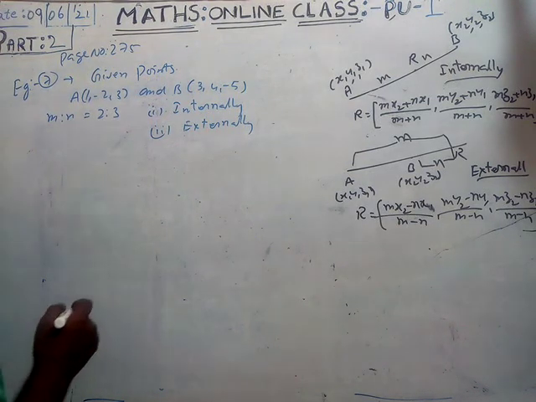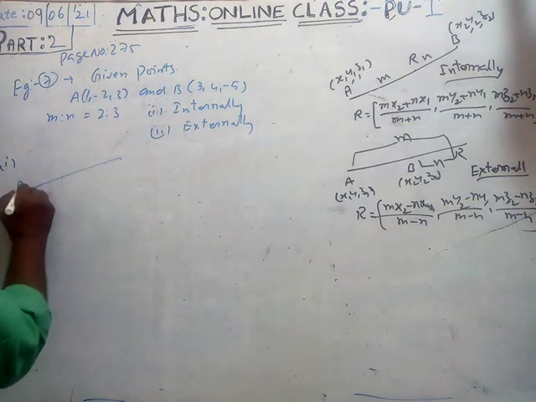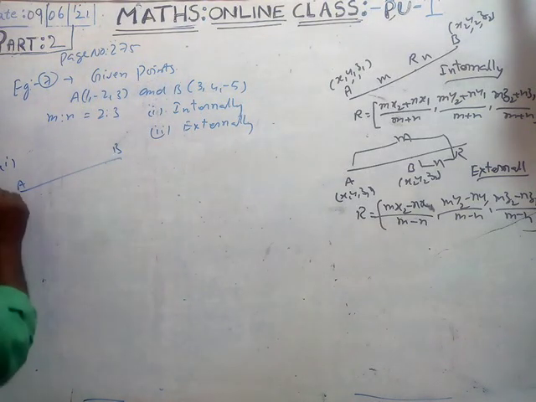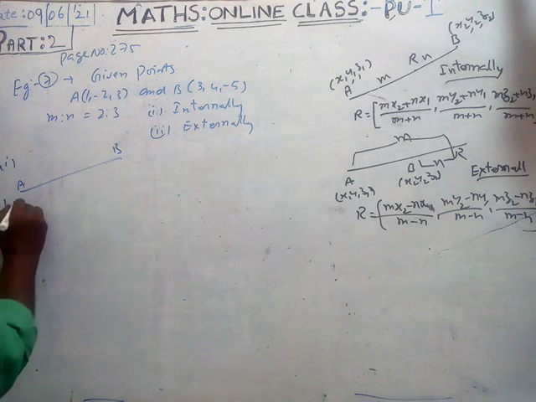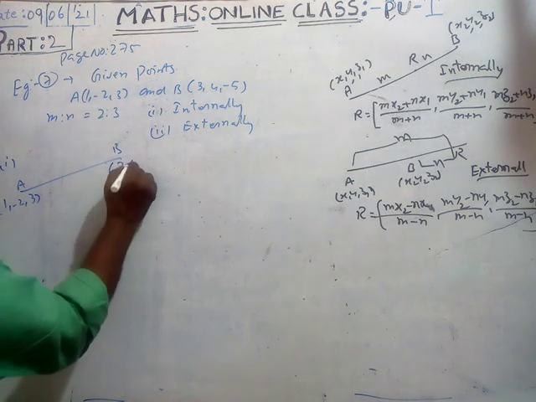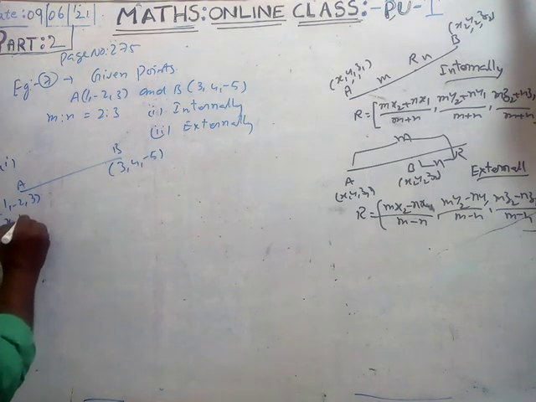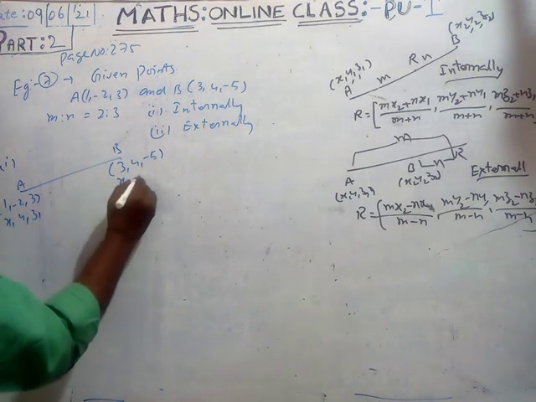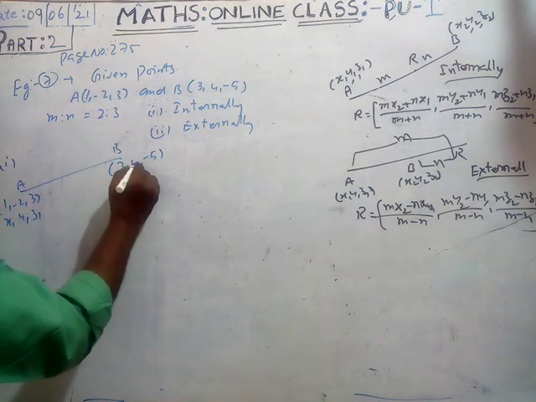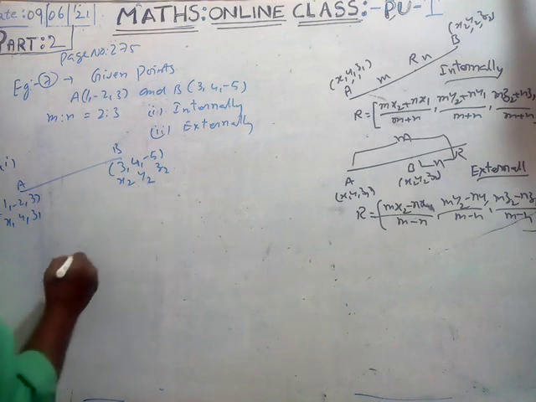Here, the first one. This is A and this is B. A is (1, minus 2, 3), B is (3, 4, minus 5). This is x1, y1, z1 and x2, y2, z2.